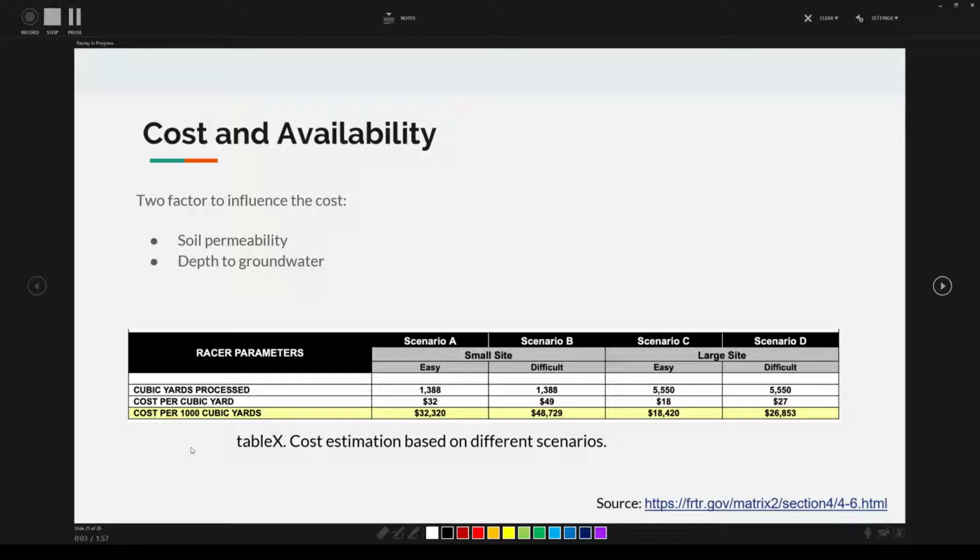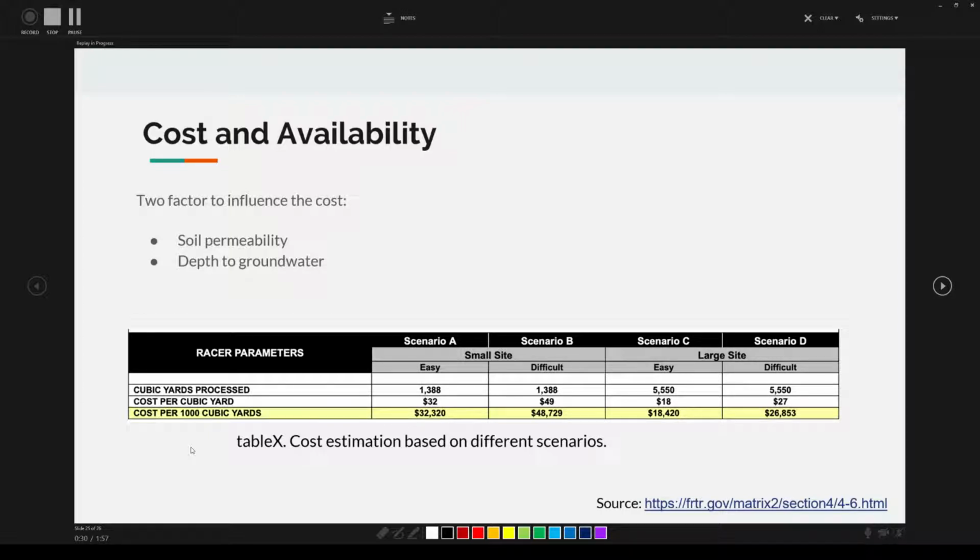The key cost information and cost analysis are based on the 2016 version of the Remedial Action Cost Engineering and Requirements software. Soil permeability and depth to groundwater are the two key elements that have a strong impact on the cost. Soil with lower permeability is more recalcitrant to soil flushing.